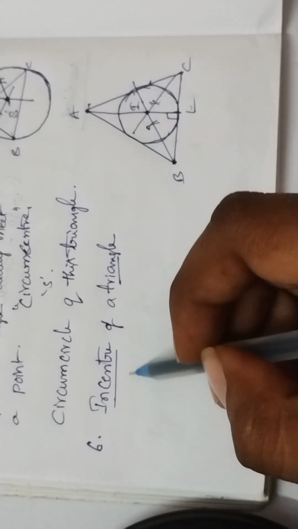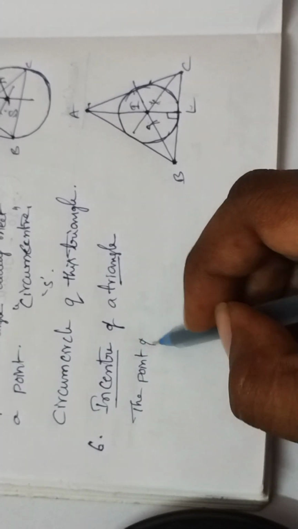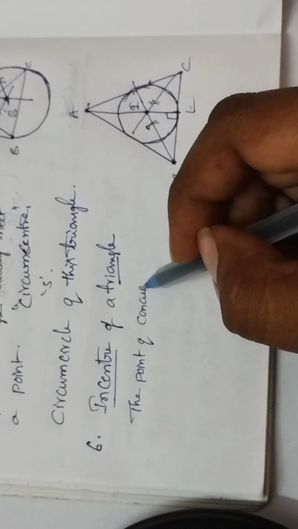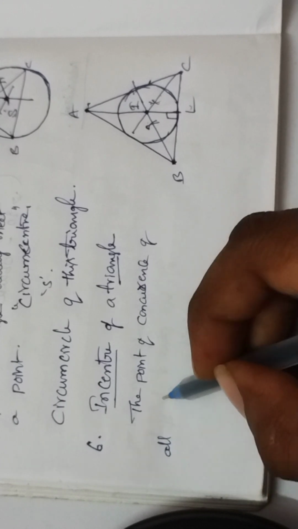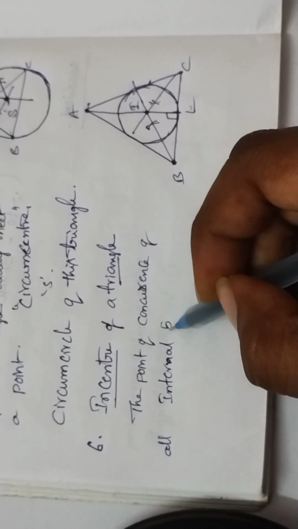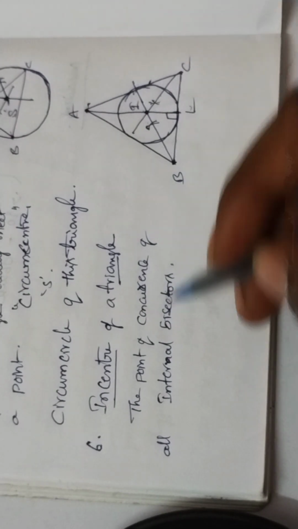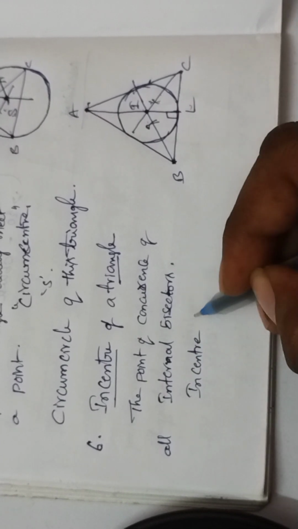So the incenter is nothing but the point of concurrence of all internal bisectors, called the incenter.